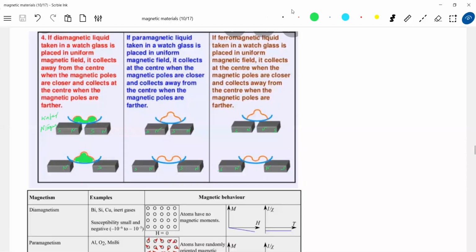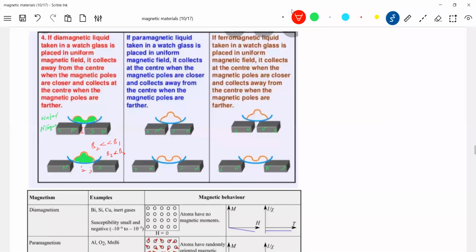So if you give the names like this, B2 will be less than B1. There's a simple reason. What is the property? They tend to move slowly from stronger to weaker parts of a field.